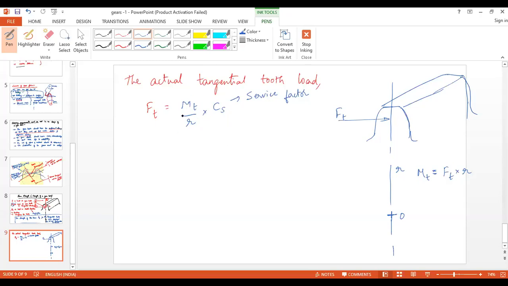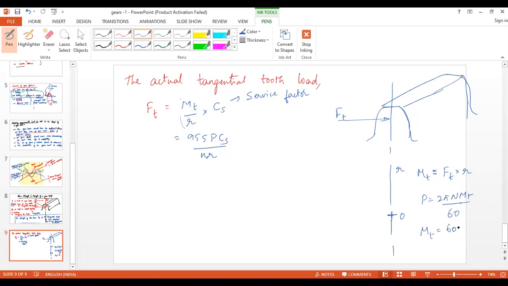So this expression can also be written as follows. You know that P is equal to 2 pi N Mt by 60.